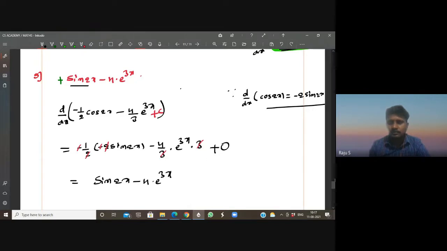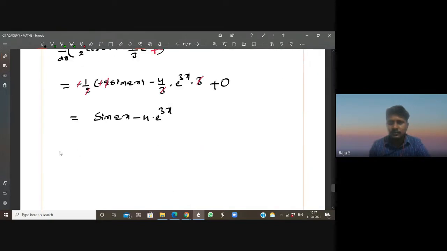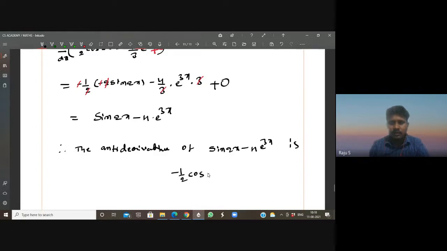Hence, therefore the antiderivative of sine 2x minus 4e power 3x is minus 1 by 2 cos 2x minus 4 by 3 e power 3x.